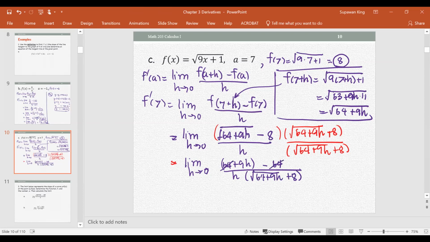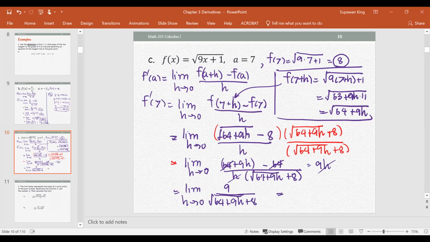Simplify the numerator. We obtain 9h. Next, h and h reduce. It becomes the limit of 9 on the top divided by the square root of 64 plus 9 times h plus 8 as h approaches 0.